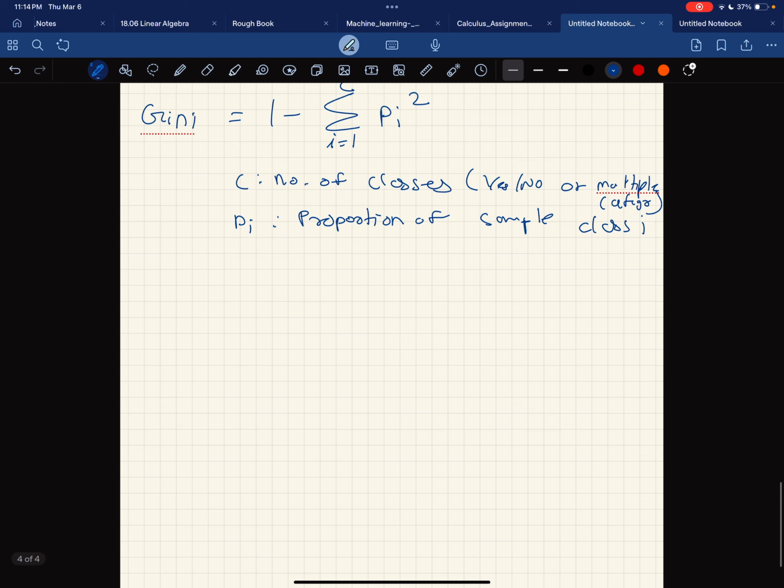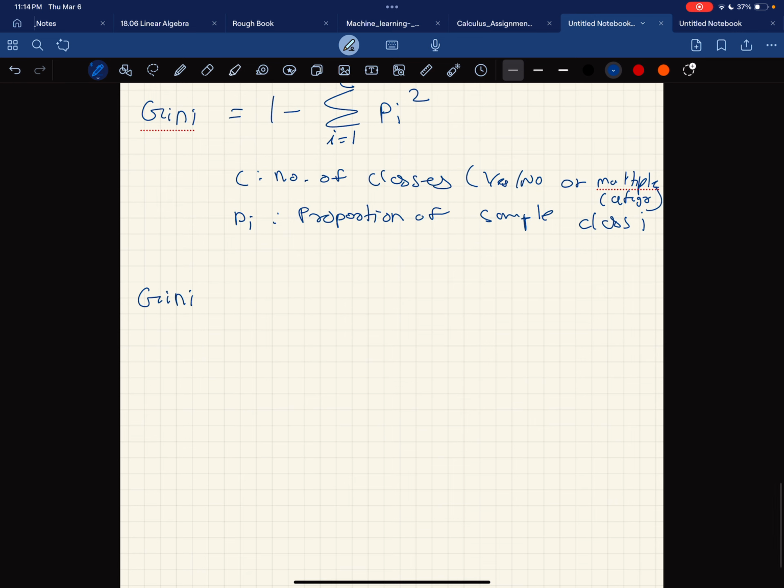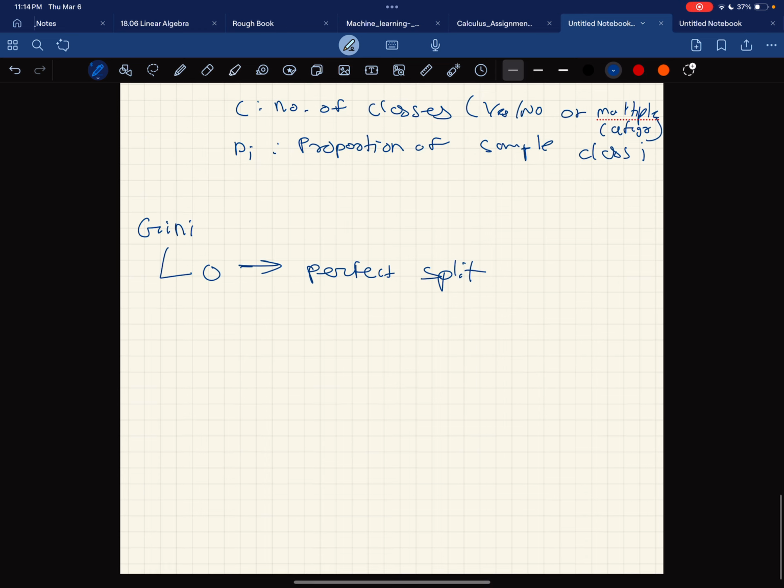So we can interpret that the impurity will be 0 if it was a perfect split, and the maximum value the Gini impurity can be is 0.5, which is when it was an equal split. It is not considered an ideal split.